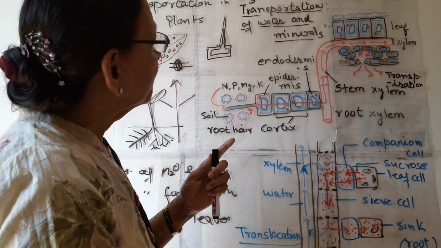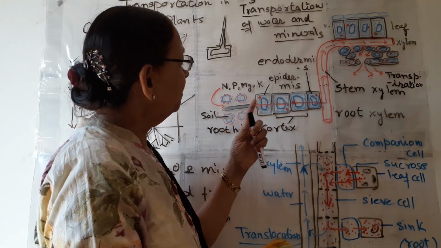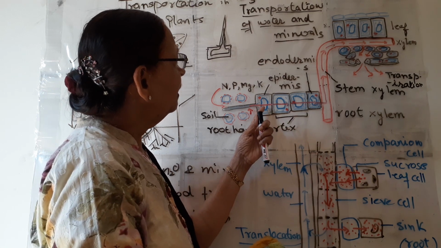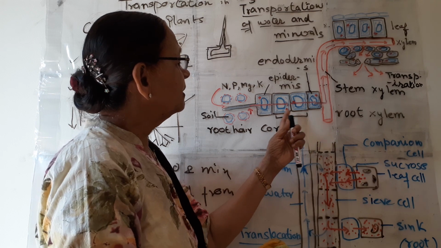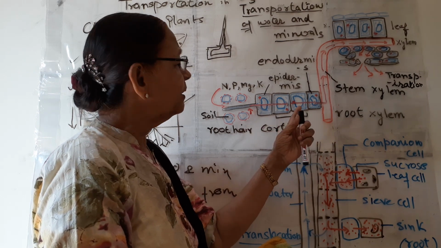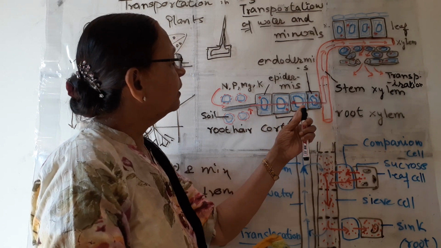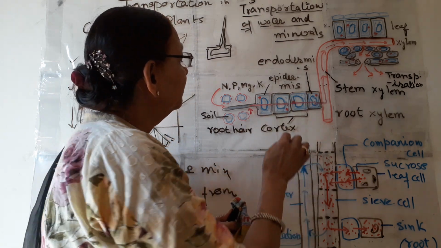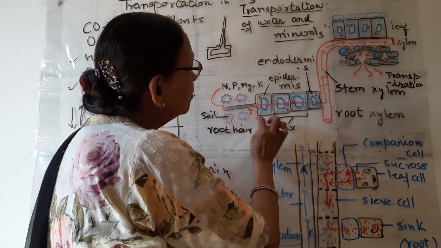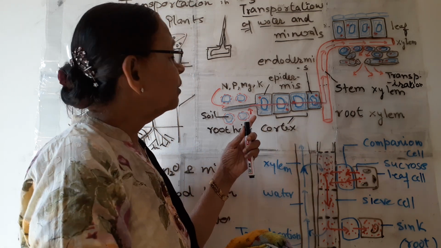What is the next step? From this epidermal cell, these two come to the cortical cells. These are the cortex. Next to the epidermis is the cortex. These cortical cells, this red line is for water and minerals, and these cortical cells get these two substances by simple osmosis.